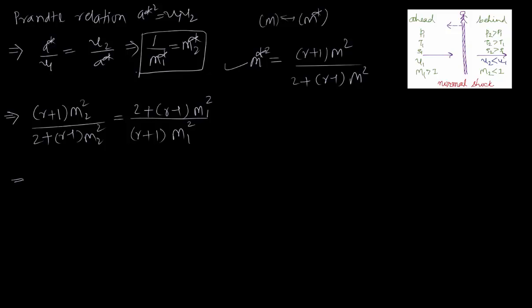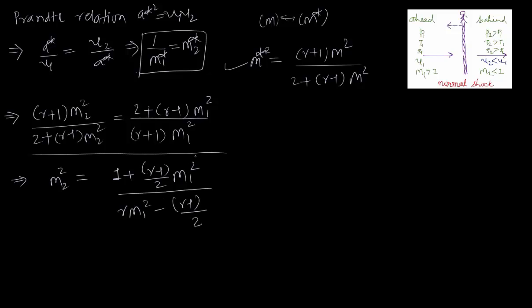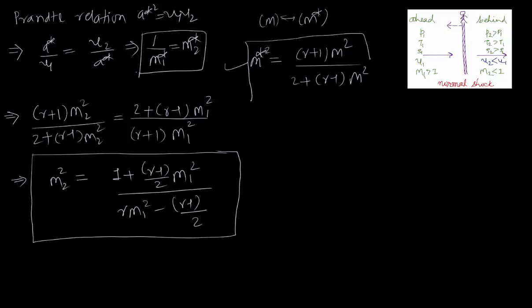By simplification, we can find out M2 square is 1 plus gamma minus 1 by 2 M1 square divided by gamma M1 square minus gamma minus 1 by 2. You have to remember this equation, M2 as a function of M1. You also have to remember this relation between M and M star.